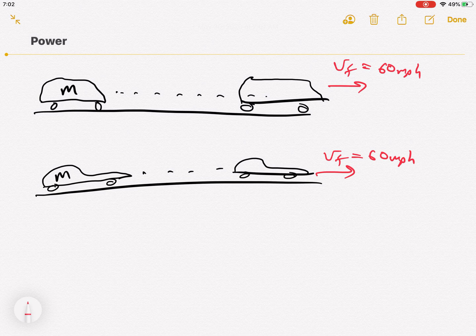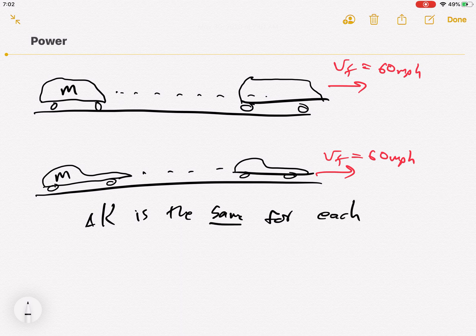And the answer is, well, it feels like they should do this motion differently, right? A sports car and a minivan are two different things. Even if they have the same mass and the same final speed, something about this motion is different. But it's not the energy change, right? So K final is the same for each. So delta K, I could say, is the same for each.